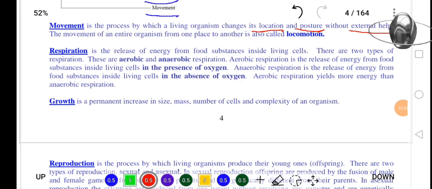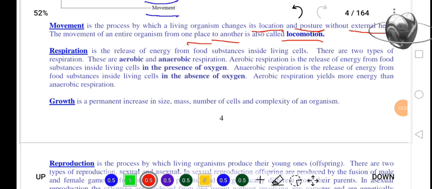Because you possess life, because you have cells that possess life. The cells in your body are able to carry out their functions. That is movement. Now, the movement of an entire organism from one place to another is called locomotion.